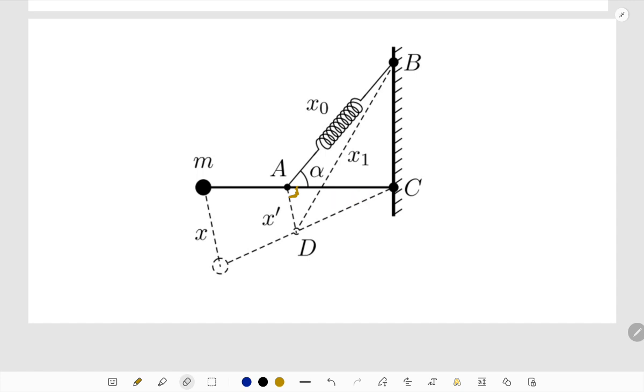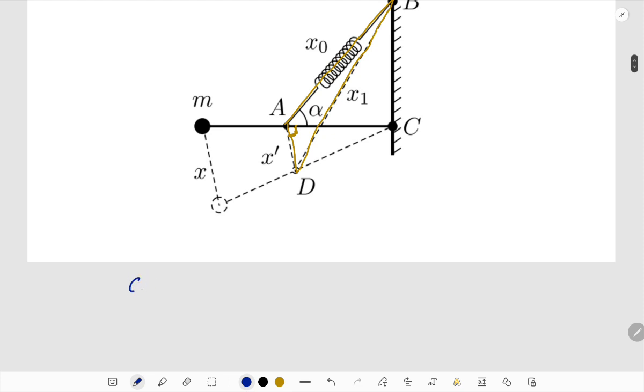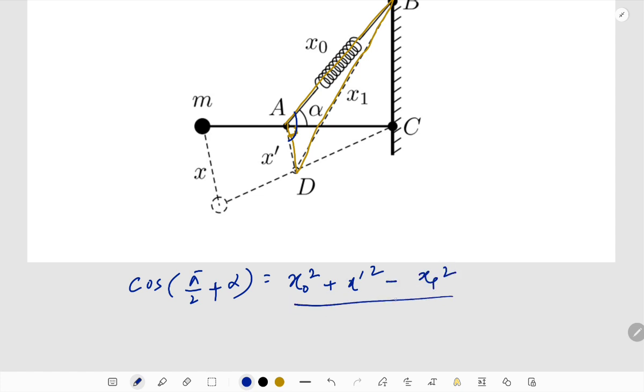After considering all these things, we can apply a cosine formula to this triangle, the triangle ABD. Cos of pi by 2 plus alpha is equal to, this angle being pi by 2 plus alpha, x naught square plus x dash square minus x1 square, divided by 2 x naught x dash.